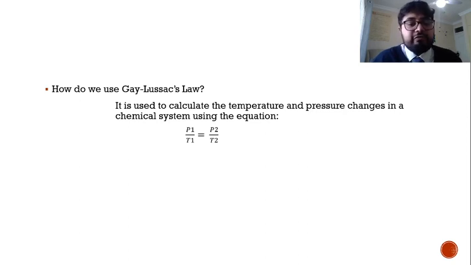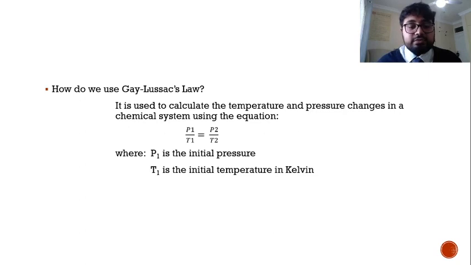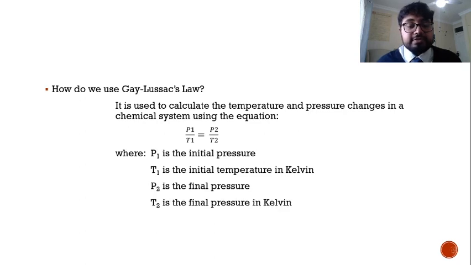You could have atmospheres, kilopascals, or pascals, but the temperature has to be in Kelvin. So P1 is the initial pressure, T1 is the initial temperature in Kelvin, P2 is the final pressure, and T2 is the final temperature in Kelvin.